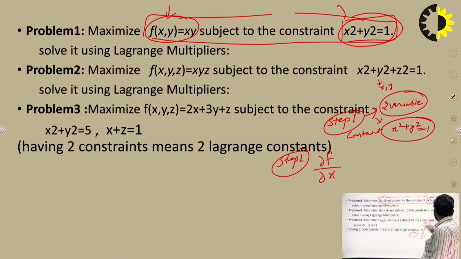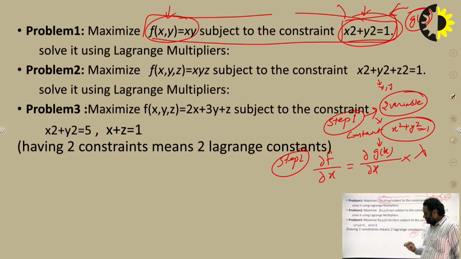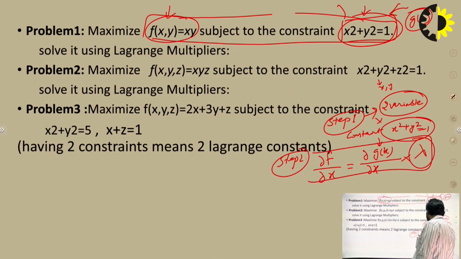So first we need to differentiate with respect to the first one, that is df upon dx will be equal to the derivative of the constraint g with respect to the same variable, multiplied by the Lagrangian multiplier constant. So this is the second step.